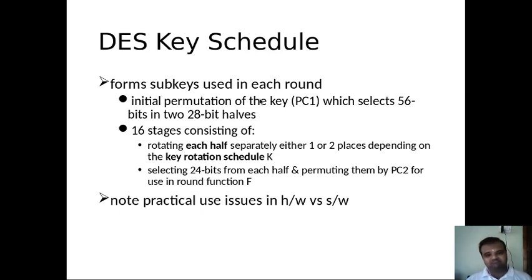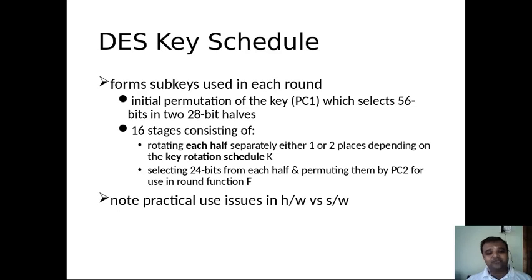So let us see how things work inside. There is again a permutation choice which selects 56 bits. So you had 64 bits which came in and were permuted to 56 bits. The 56 bits get converted into two 28-bit halves, quite similar to what the data encryption algorithm works on.